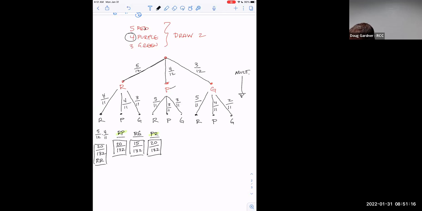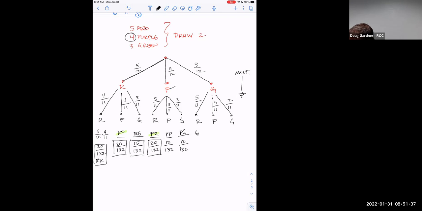So I'm gonna keep going and write all these down. Notice this last one is a purple and a purple. That'd be 4/12 times 3/11. That'd be 12 out of 132. This is a purple and a green. That'd be 4 times 3 as well. That's also 12 out of 132.